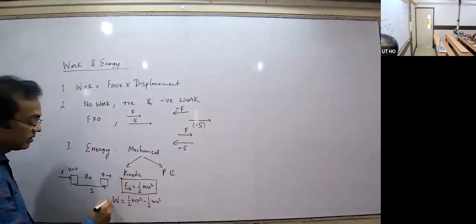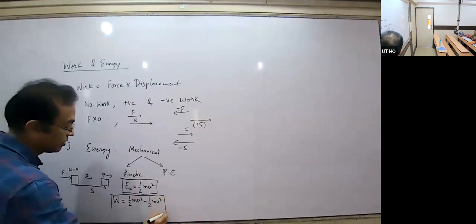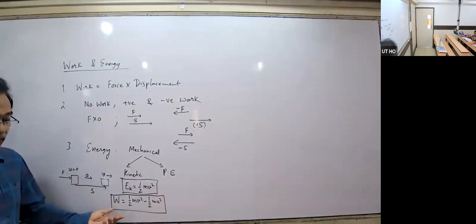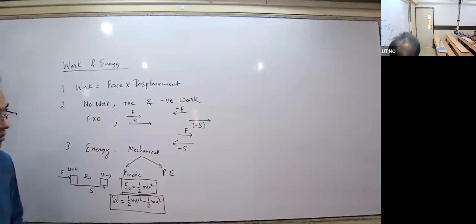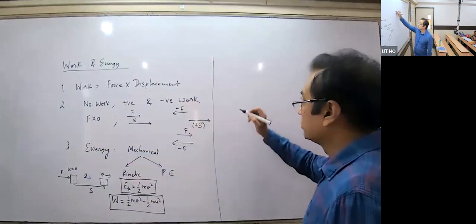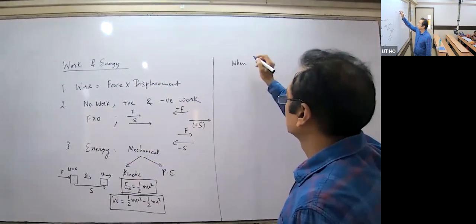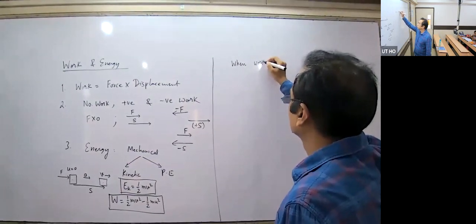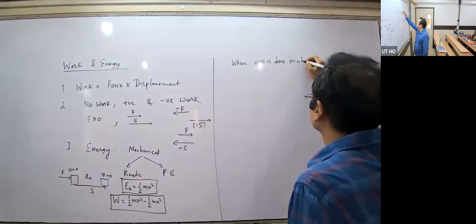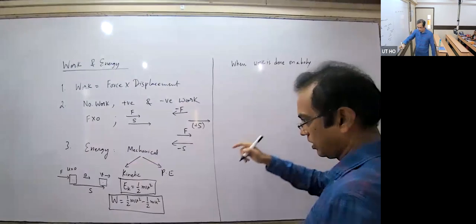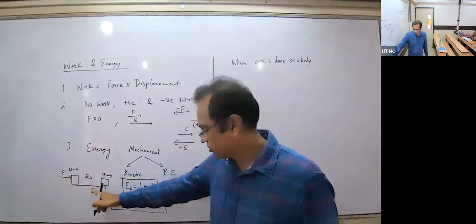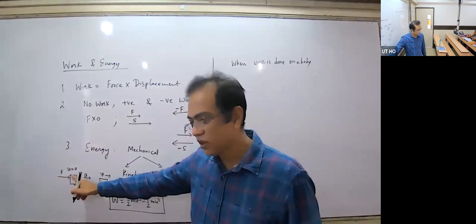So how do we get this energy? I told you, whenever you do work on a body, the body gains energy. So always remember this, right? When work is done on a body, like here, when you are pushing the body and this body undergoes displacement, work is being done on the body.